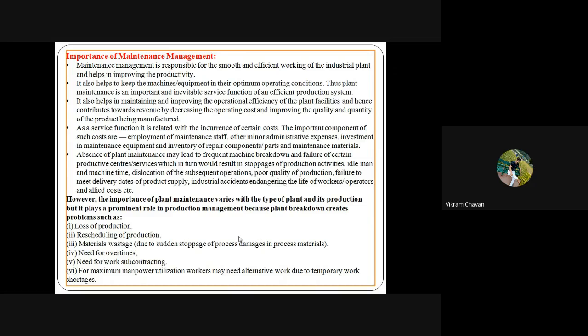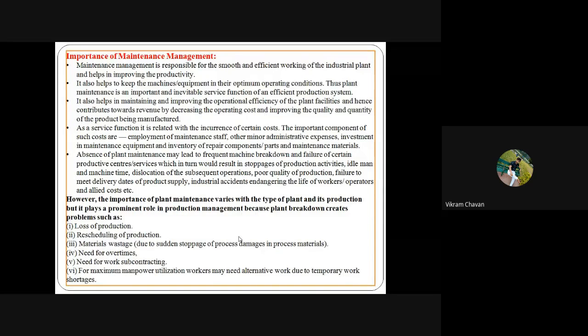So maintenance is an important and inevitable service function of an efficient production system. It also helps in maintaining and improving the operational efficiency of the plant facilities, and hence contributes towards the revenue by decreasing the operational cost and improving the quality and quantity of the product being manufactured.